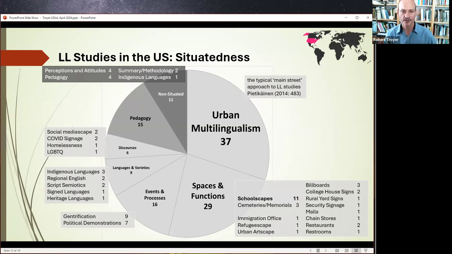in some cases, one of the articles was about, for example, a university course for prospective teachers in order to raise their awareness of the multilingual character of the students that they will be teaching.